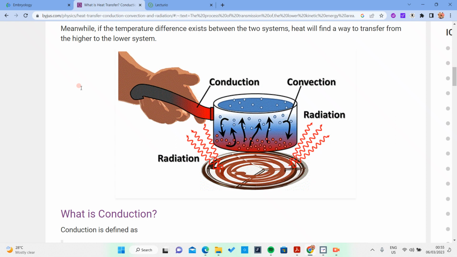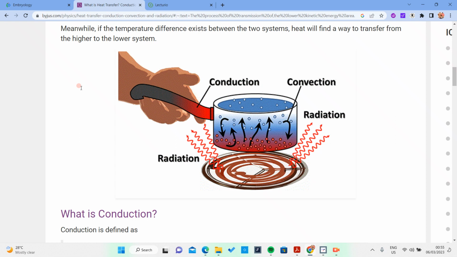The point of application of the heat is at the bottom of the pot. But over time, when you touch the handle or any other part of the pot, you notice that particular part has a higher temperature. It's very hot.